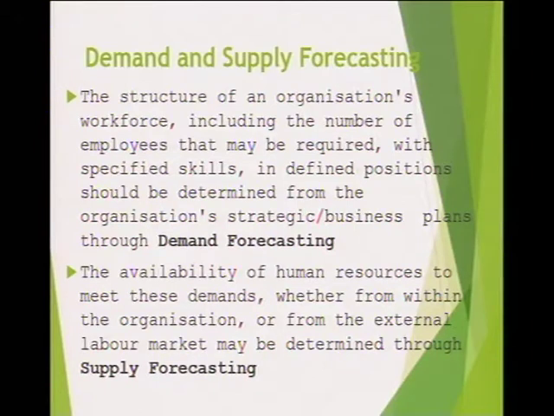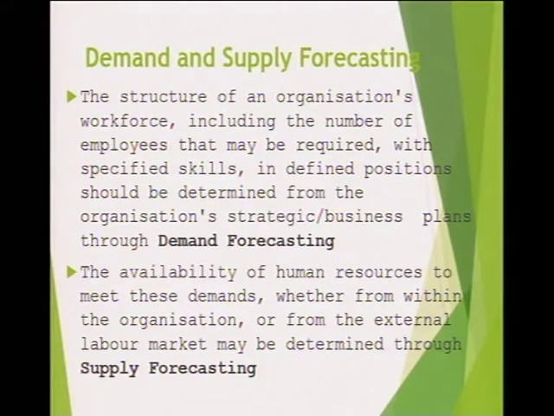So we forecast, we are looking at the future. Then there's also supply forecasting. Here we are looking at the availability of human resources to meet these demands. Where can we find such people? Do these people exist, whether from within the organization itself or from the external labor market?